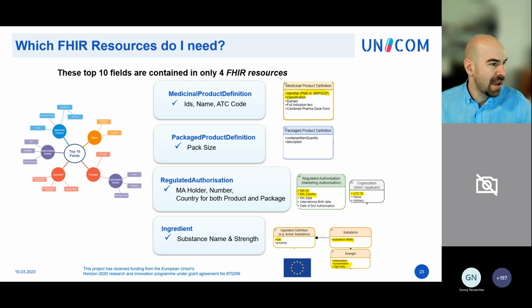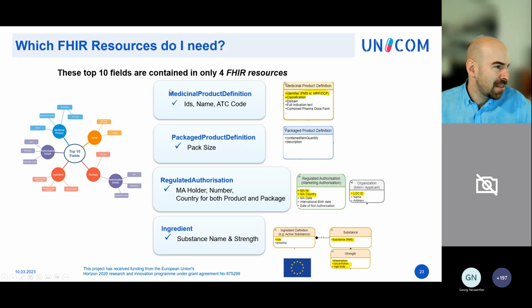Now, to get all these 10 elements, you actually only need 4 FHIR resources. And that's a good thing. So this is also why I've picked those 10, because getting 4 of these numerous resources may not be that frightening for people who do this the first time.